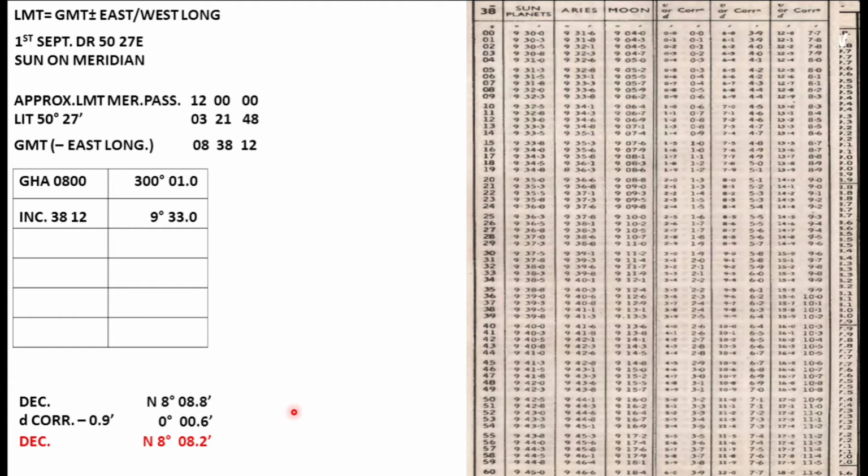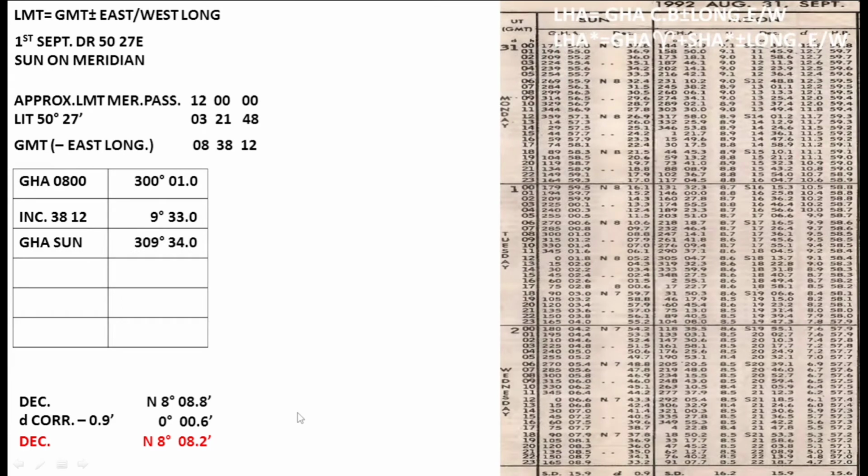This is how I calculate my declination. Then I add my increment, get my GHA of sun, and apply longitude. Here there is no V correction, so I have not bothered about it, whereas for the moon and other planets, as I told you, we have V correction. And for the sun there is no V correction because whatever the difference over and above 15 is adjusted over the period of time in these pages.